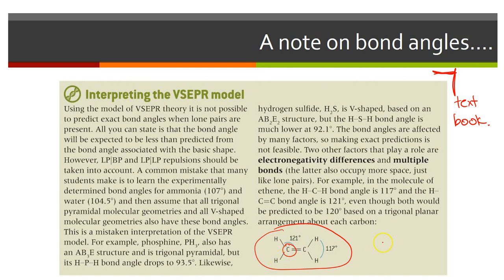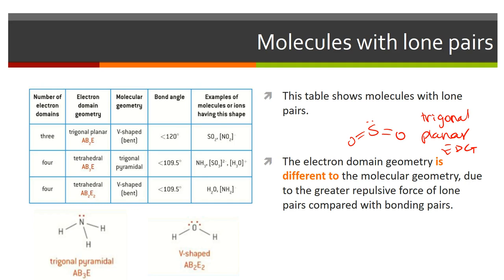But we're actually going to write them as less than 120 because we can have some variation dependent on the structure of the overall molecule. And back on this slide here on the previous page, we can see that the bond angles are given as less than 120, less than 109.5, and less than 109.5 for our bent there.